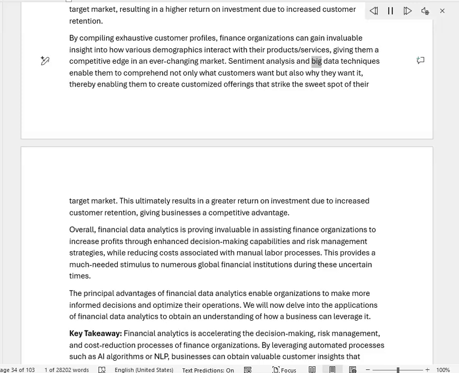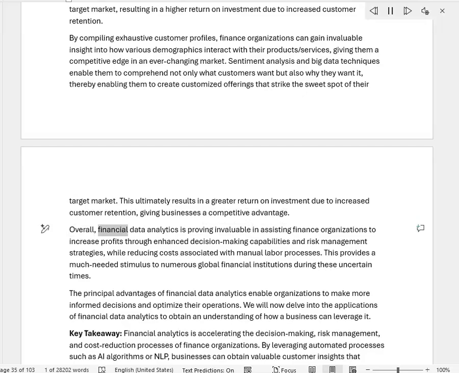Sentiment analysis and big data techniques enable them to comprehend not only what customers want but also why they want it, thereby enabling them to create customized offerings that strike the sweet spot of their target market. This ultimately results in a greater return on investment due to increased customer retention, giving businesses a competitive advantage.